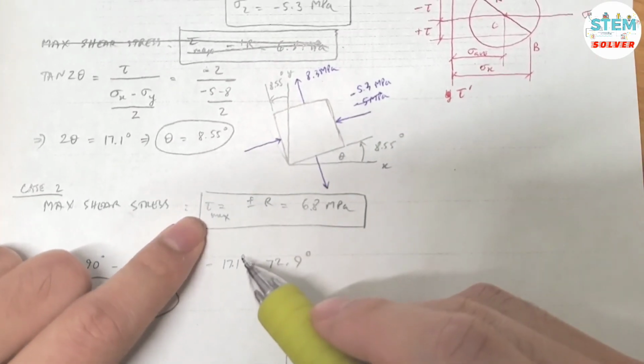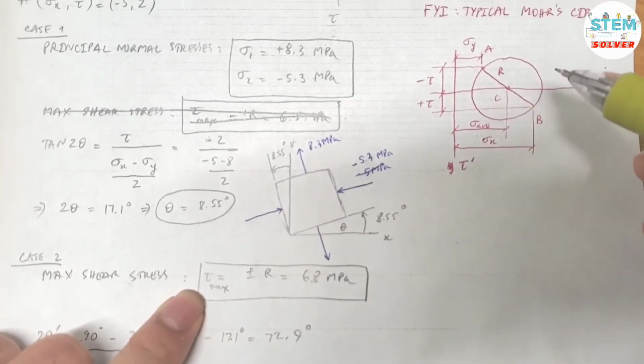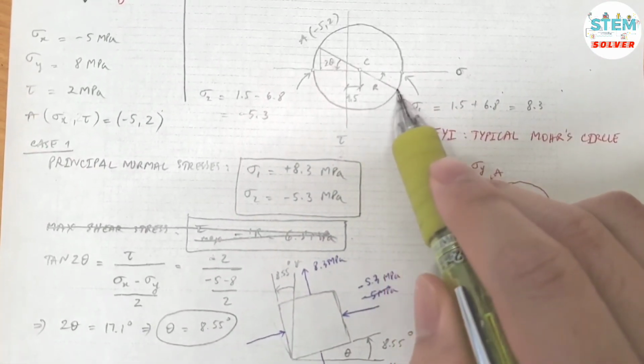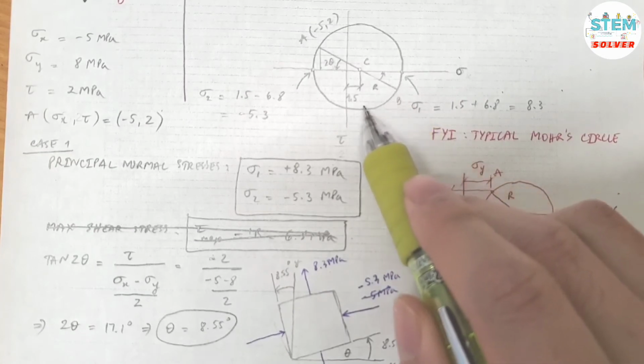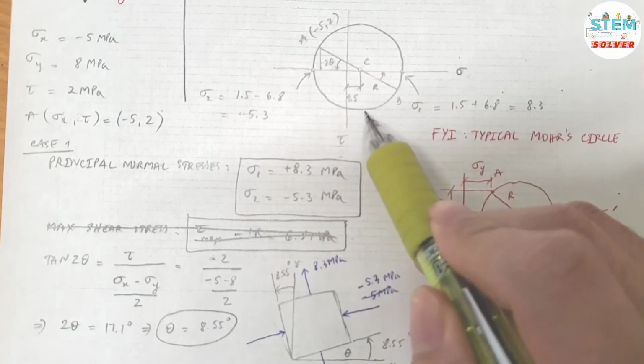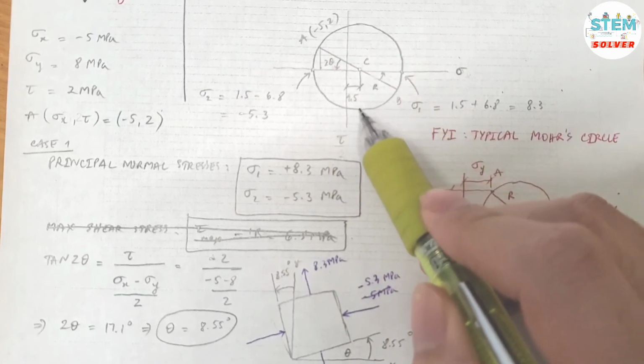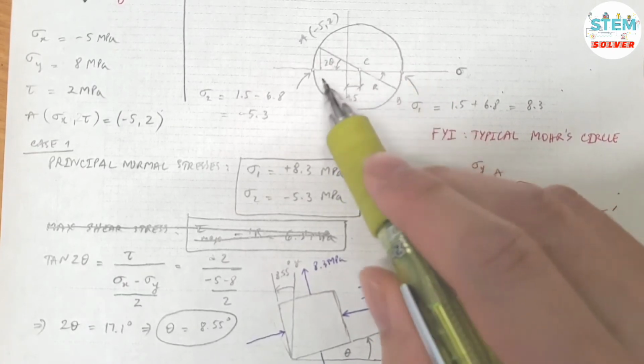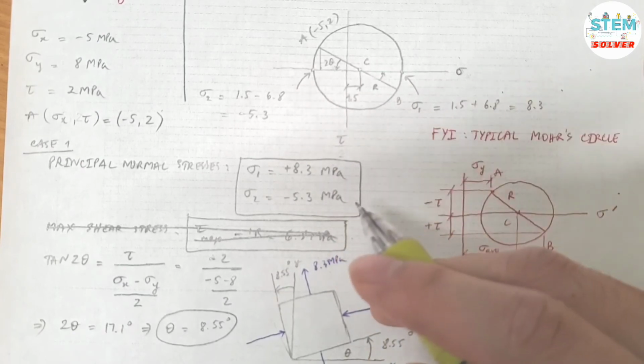The maximum shear stress happens at, back to this one, the Mohr circle. So you found the radius of the Mohr circle, right? The maximum shear stress happens at the surface of the Mohr circle, typically up, down, or left, right direction, because it's a right angle.